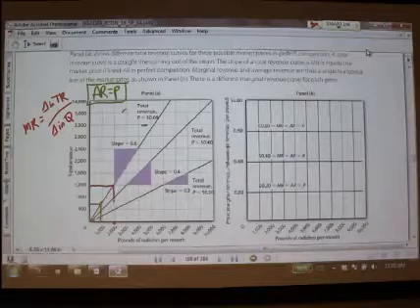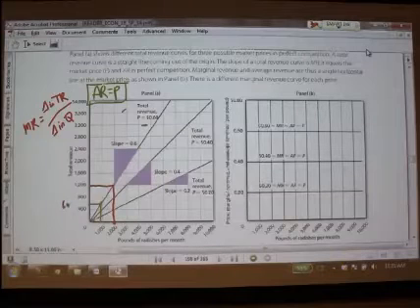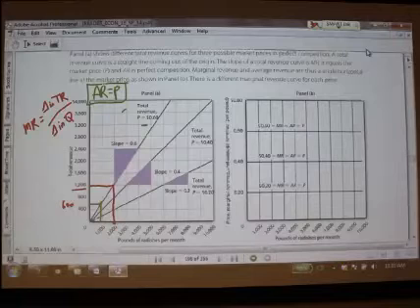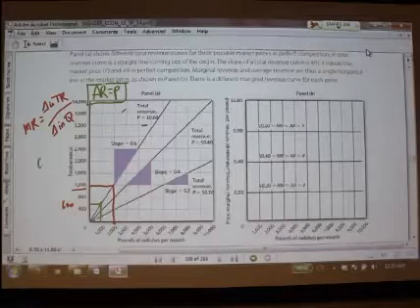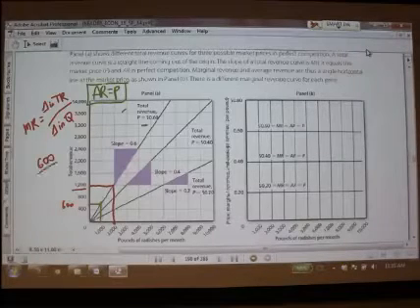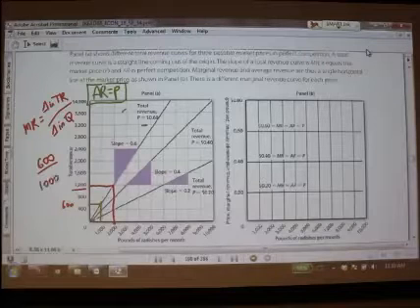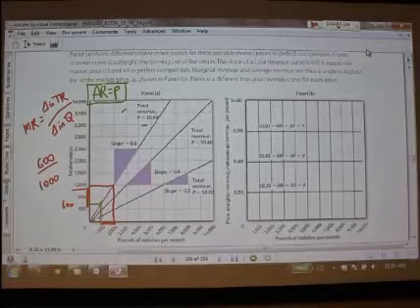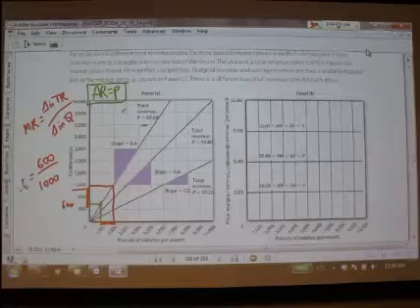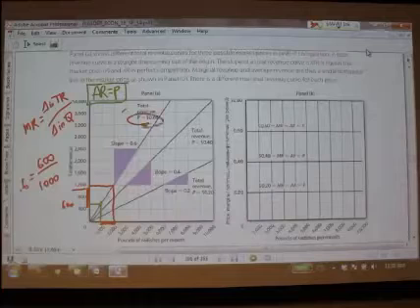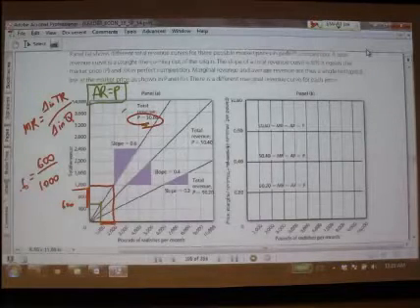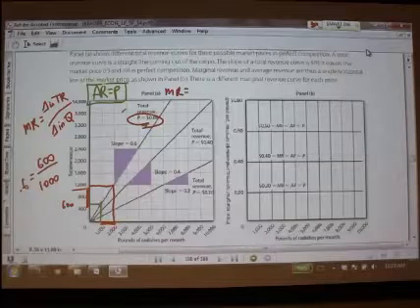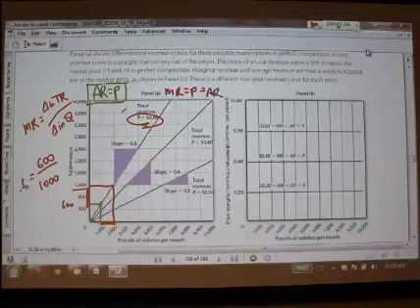And total revenue goes from 600 to 1,200. So we have change in total revenue of 600, change in Q of 1,000. Why is that? Because this distance is 600, and this distance is 1,000. And so then the marginal revenue is 0.6. Also equal to the price. And also equal to average revenue. So marginal revenue equals price equals average revenue.